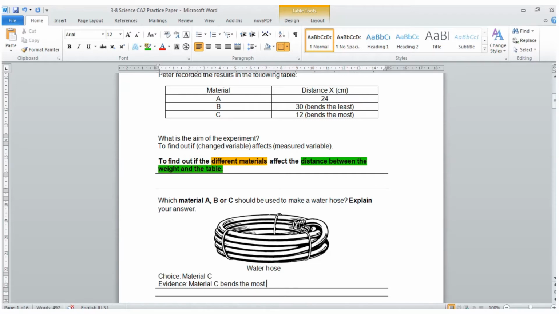That's your evidence. Next, you have to add your concept. So what's the concept of material that bends the most? What does it mean? Recall what I have taught you. When it bends the most, it means it is the most flexible. So material C is the most flexible and can be used to make a water hose.